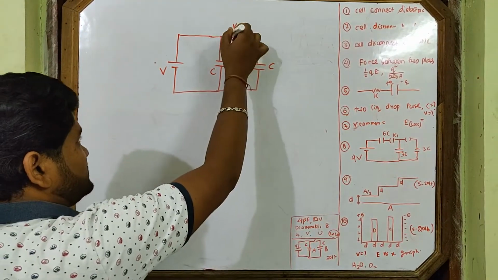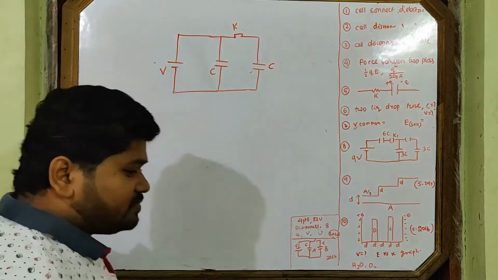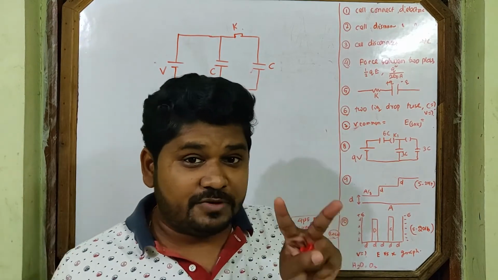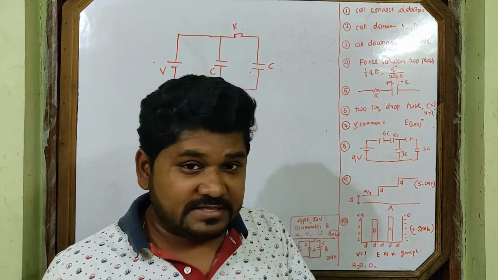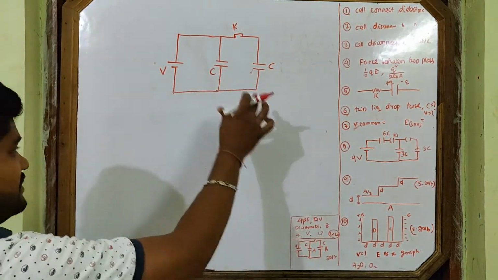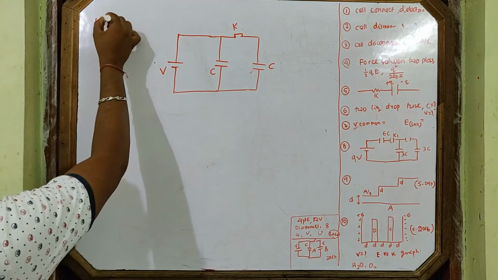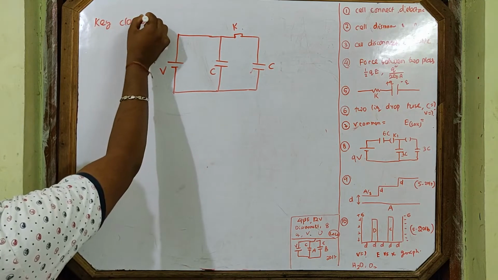First this key is closed. If the key is closed, what is the total energy stored? We will find the ratio of total energy stored in the two cases. Let's see the total energy stored with the key first closed.